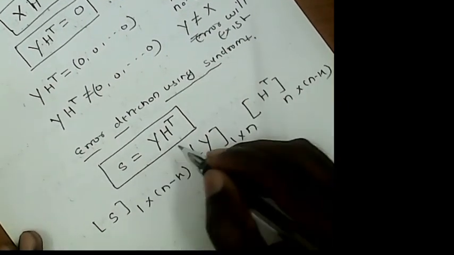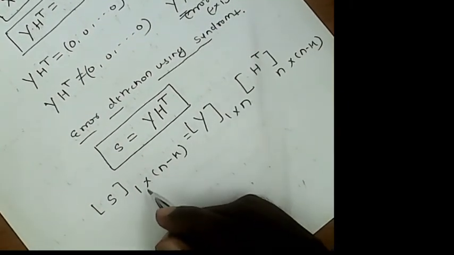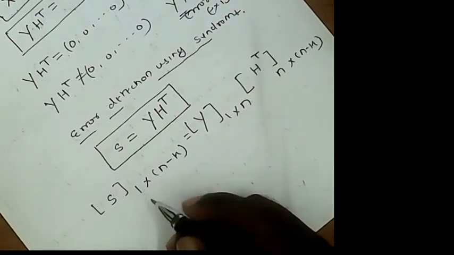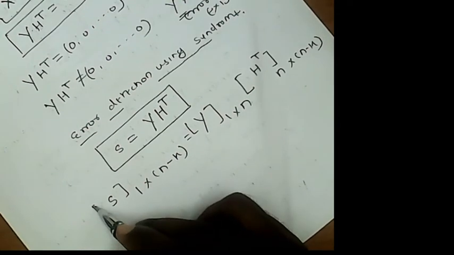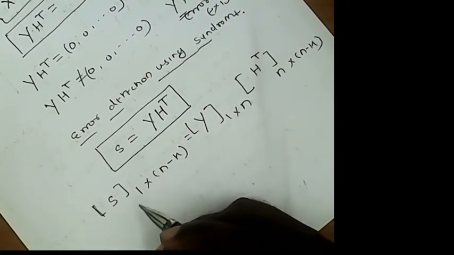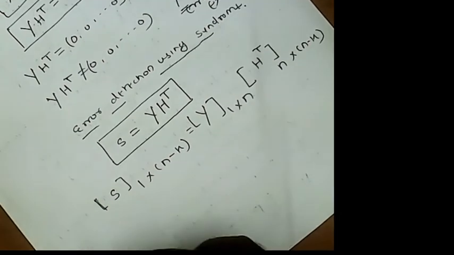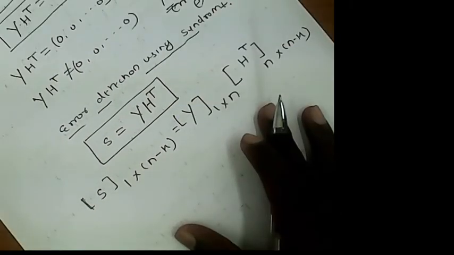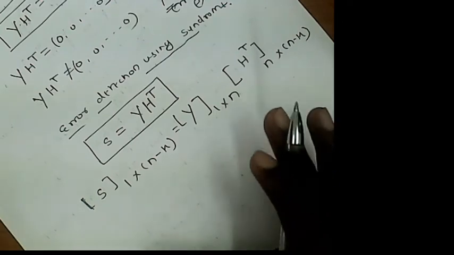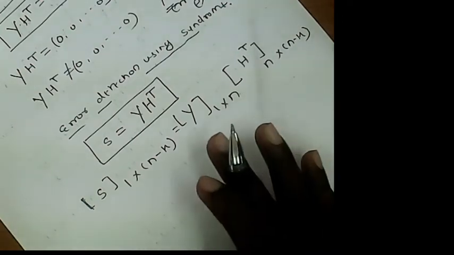So this is another equation. If all the elements in the syndrome are 0, we can identify there is no error. And when S is not equal to 0, that means an error is present in the received code word.